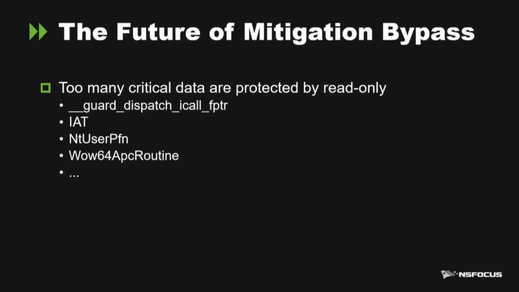All these important things are only protected by read-only, which could be modified to writable and then corrupted. So if we can abuse some feature to modify the read-only data, we can fully bypass the CFG and achieve arbitrary code execution.